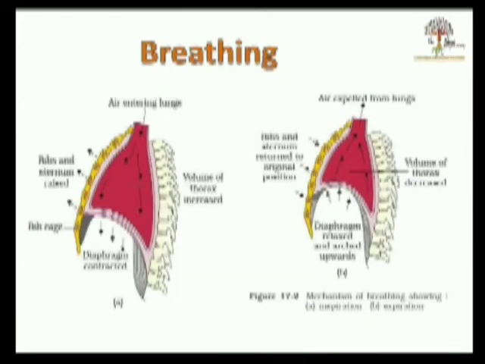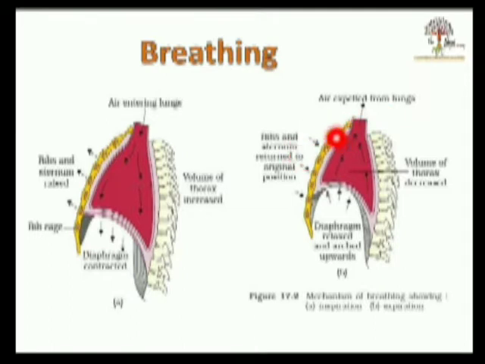And in case of extra inhalation and extra exhalation, two different muscles are involved. That is the external intercostal muscle and the internal intercostal muscle. In extra inhalation, the external intercostal muscle is involved.